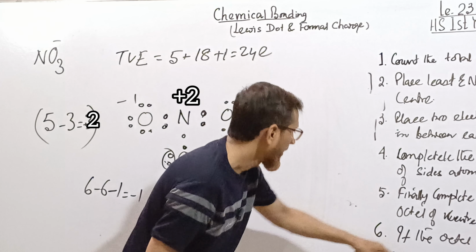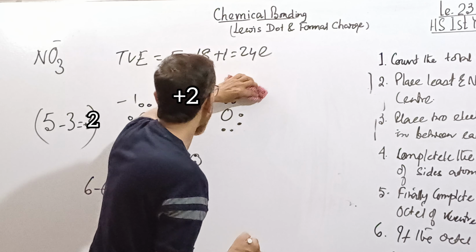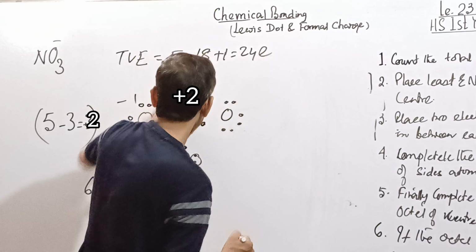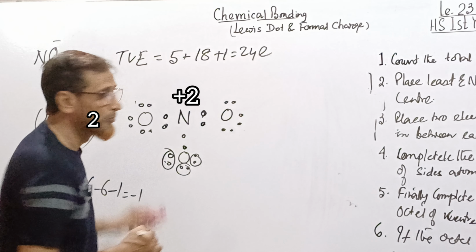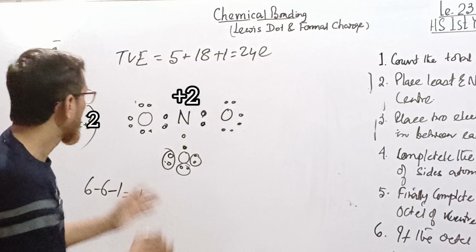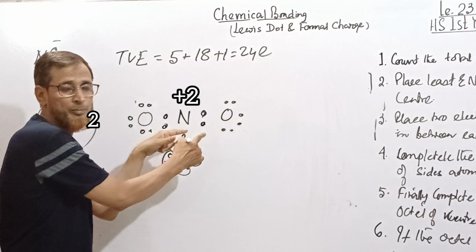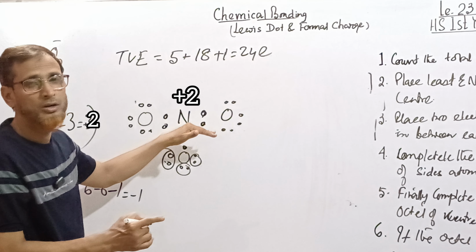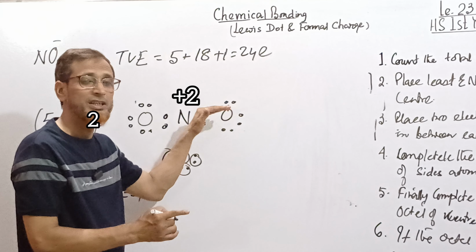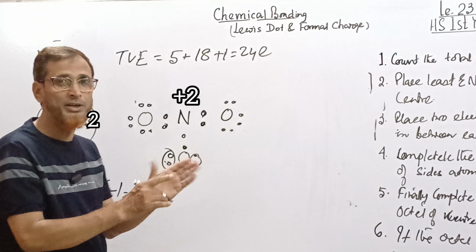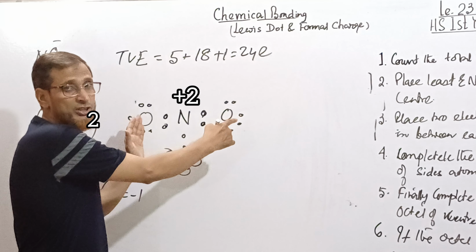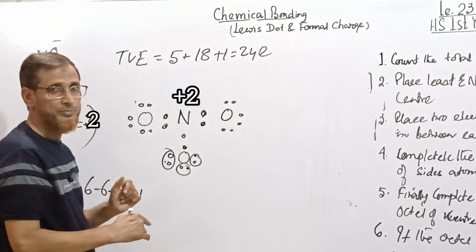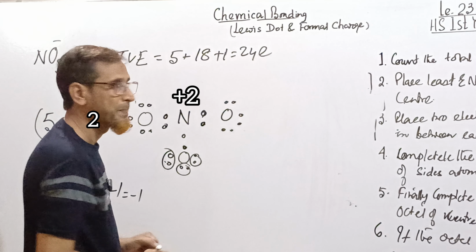Now, as I said, we have the option of moving an electron pair from the outer atom towards the central atom to check whether we get the maximum number of 0 formal charges. If a maximum of 0 appears by moving the side atom's electrons towards the center, then that structure is appropriate.